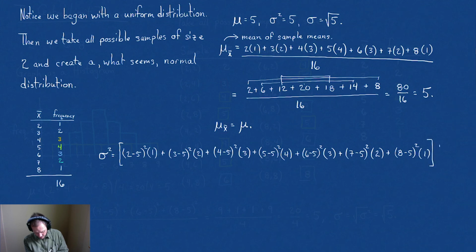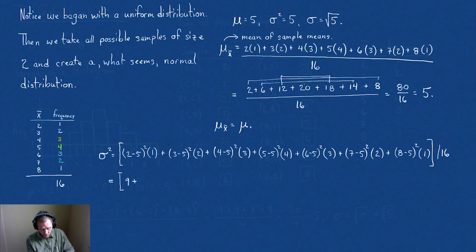And then we're going to divide all this by the number of data, which is 16. So this is going to give me 2 minus 5, negative 3. Square it, 9. So I'm going to get a big bracket here. I'm going to get a 9 plus 3 minus 5 is negative 2.